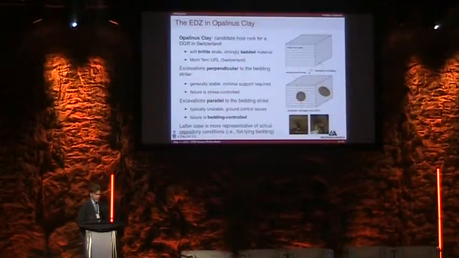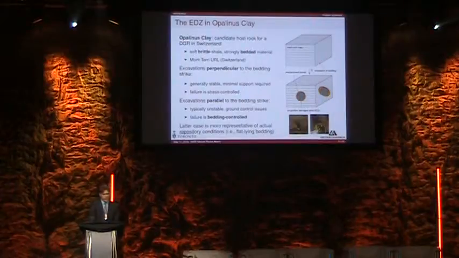So the material that I researched is the Opalinus Clay, which is a candidate host rock for deep geological repository in Switzerland. It's a very unique material. It's somewhat defined as a transitional material between hard soil and soft rock.